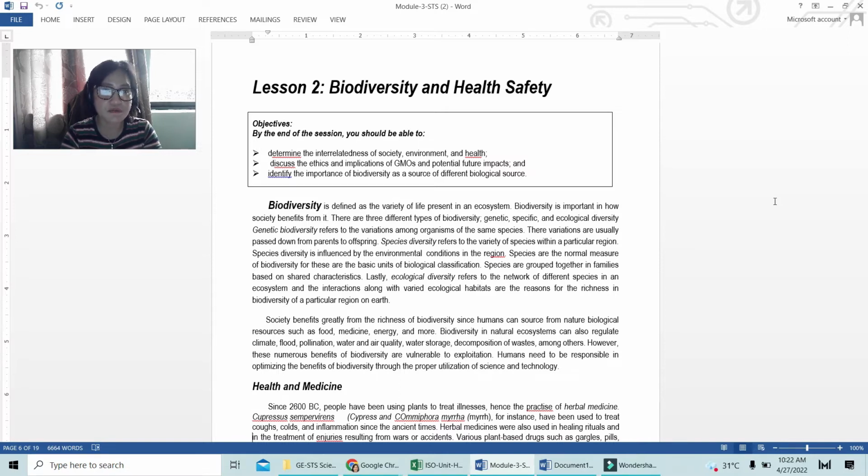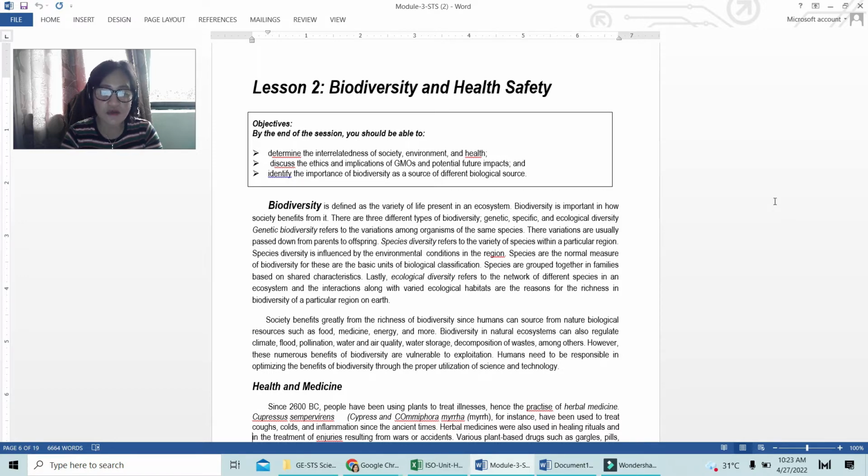So biodiversity is actually the contribution of all the animals or living things living in that certain place. We also have the types of living organisms that supply oxygen, clean water, pollination of plants, and so on and so forth.